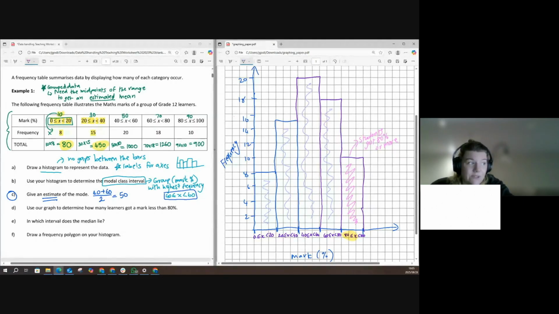So all we have to do is we take their numbers. So we have 8 plus 15 plus 20 plus 18, and that gives us 61 students. 100% you can do that. Add the ones that are on the table. Perfect.